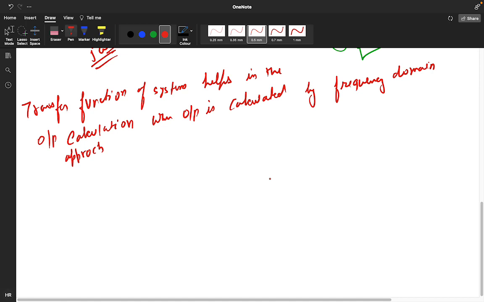Impulse response of the system helps in the output calculations. You will understand these things by doing problems, and I will teach you, don't worry.